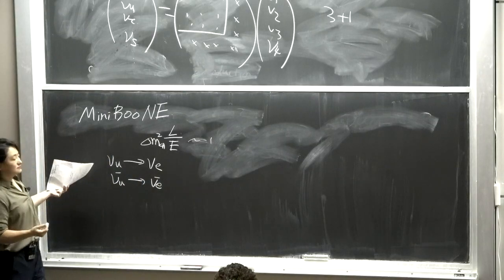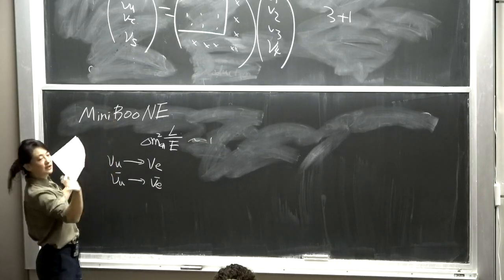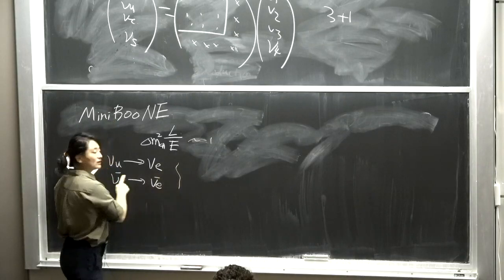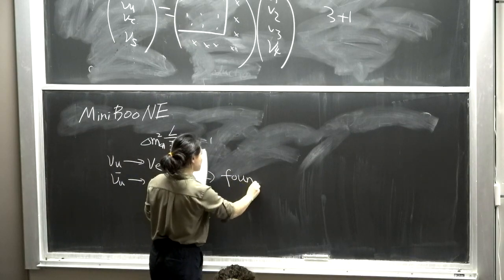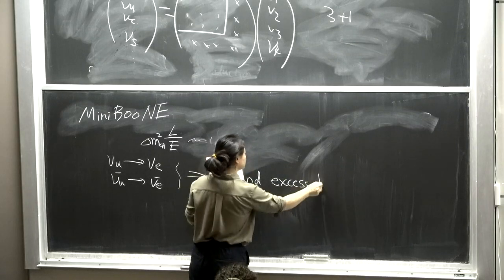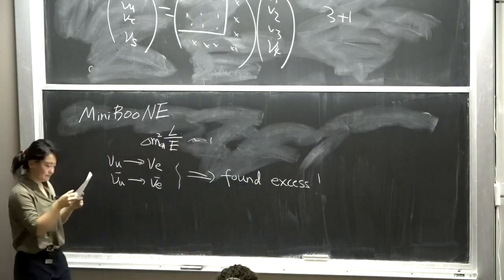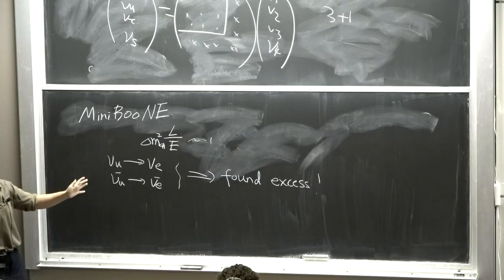If it's the standard model case, a standard 3 by 3, we should not expect appearance. They looked at both channels, and they found an excess. Okay, so this is awesome, right?